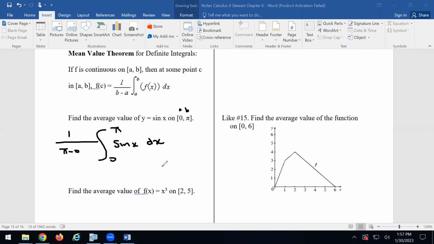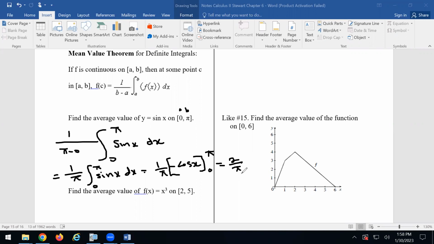So it's 1 upon pi times the integral from 0 to pi of sine x dx. The integral of sine x is minus cos x, and then we go from 0 to pi. When you work that out, you should get 2 upon pi.